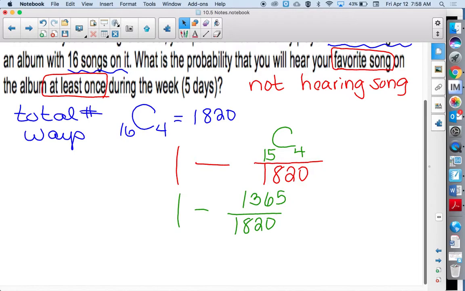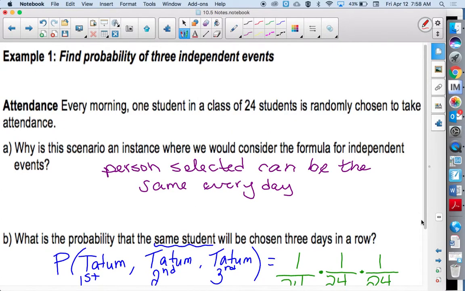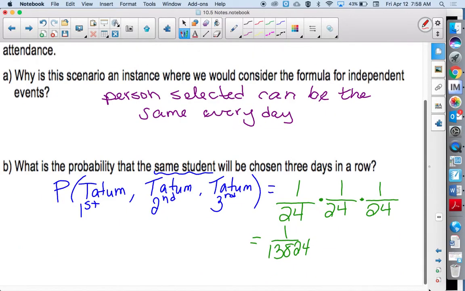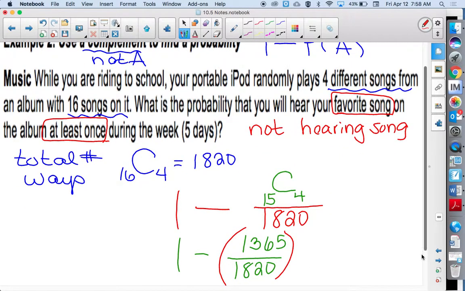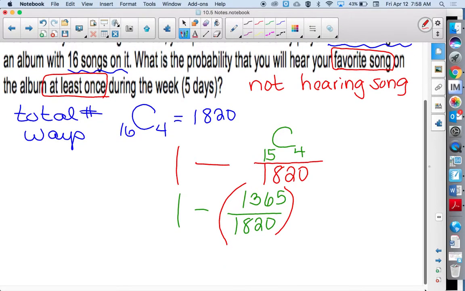So because it's 5 days, this probability, you either need to multiply it by itself 5 times for each day, like we did with Tatum, multiplying 1 over 24, 1 over 24, 1 over 24, because that was 3 days. Or, what could I do with it instead of showing and multiplying it together 5 times?